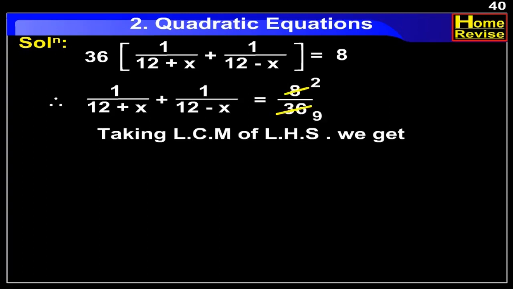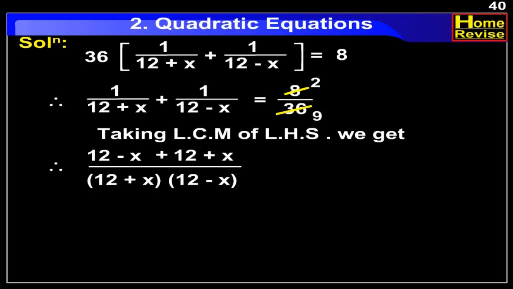4 2s are 8, 4 9s are 36. Therefore, 12 minus x plus 12 plus x upon 12 plus x into 12 minus x is equal to 2 upon 9. Here, minus x and plus x get cancelled out.